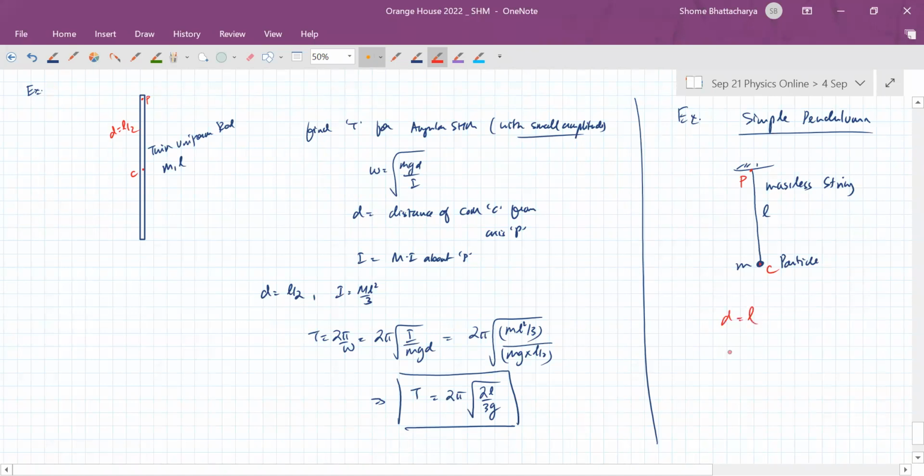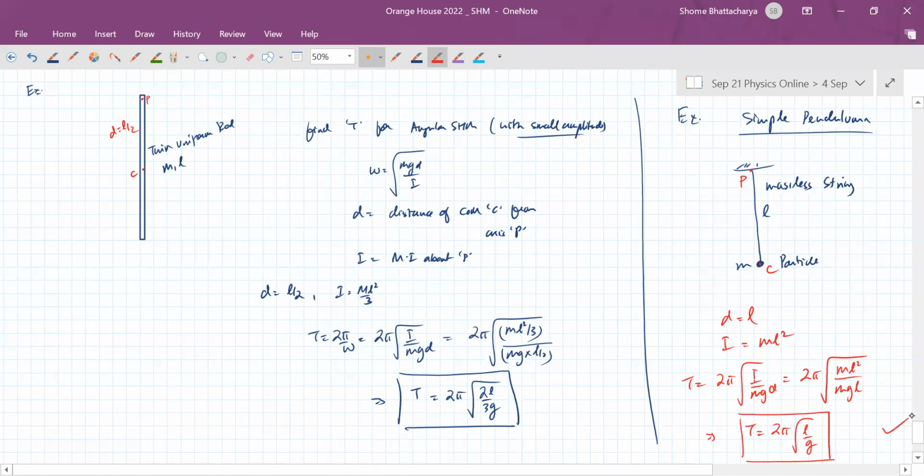So the distance d is equal to L and the moment of inertia is ml square. So time period becomes the formula that you are used to from class 9, 10th level. This kind of formula is there.